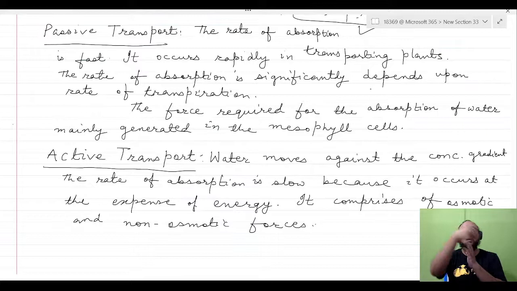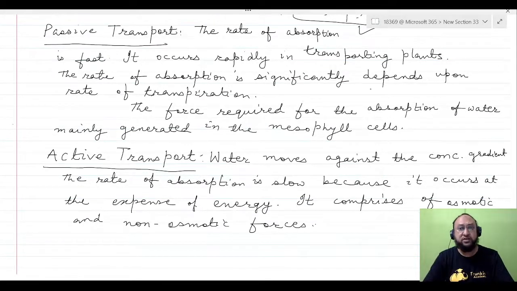This kind of force that tends to move is the osmotic pressure. None of these other forces are involved in active transport. So, osmotic and non-osmotic forces.